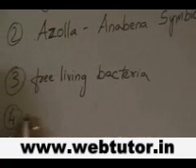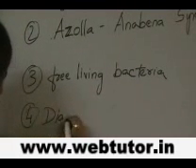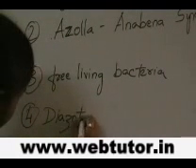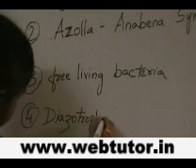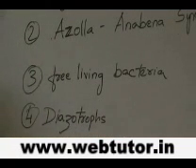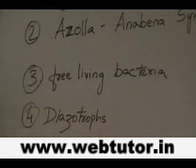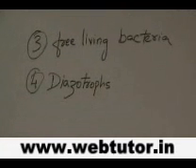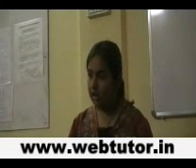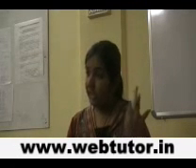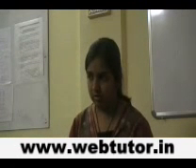Now coming to the fourth one, that is diazotrophs, sometimes also written with a different spelling. This is the same thing, just some texts vary in their spelling. Now diazotrophs are basically a large group of aerobic chemolithotrophs.